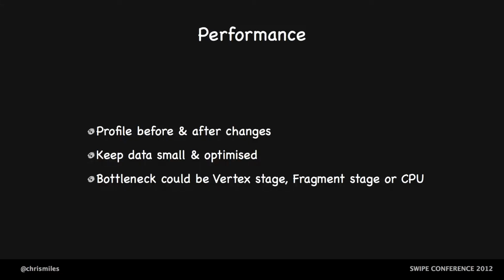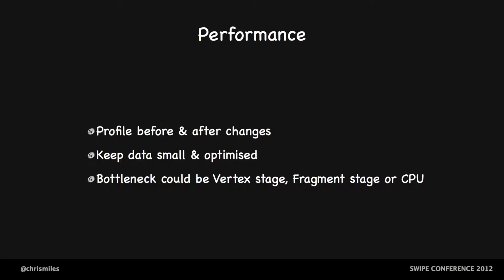The usual recommendation: profile before and after your changes. That's certainly not OpenGL specific; you would be doing this anyway with any performance analysis. But in terms of OpenGL, a lot of the tips really come down to keeping the data as small and optimized as possible. They're small devices. A lot of the optimizations come from keeping the memory bandwidth utilization as small as you can, as well as keeping the shaders, the actual GPU processing, as underutilized as you can.